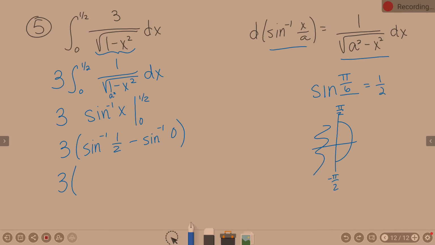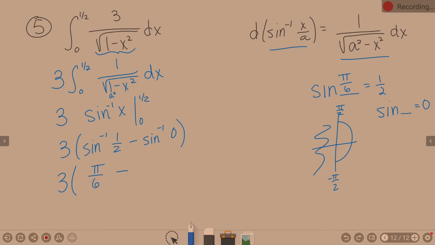So this is going to be pi over 6 minus, when is sine 0? In other words, sine of what angle is equal to 0?